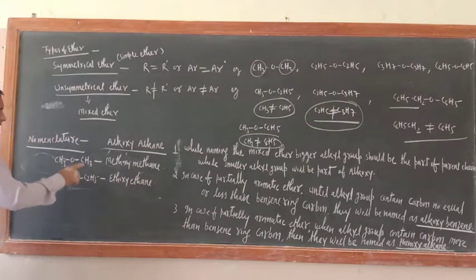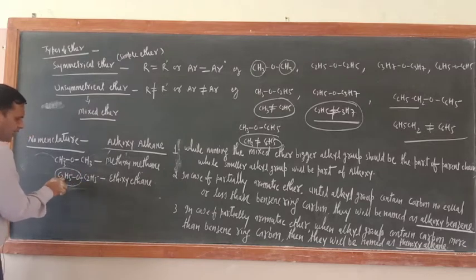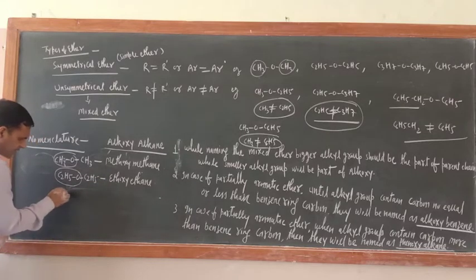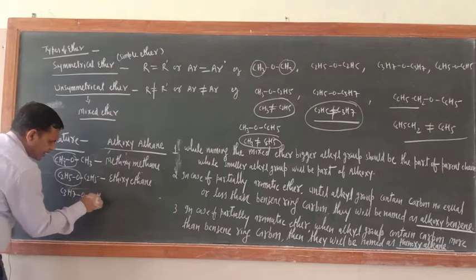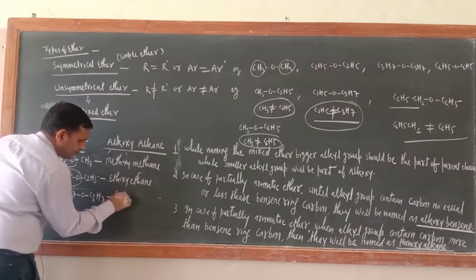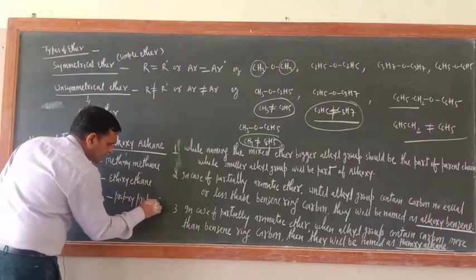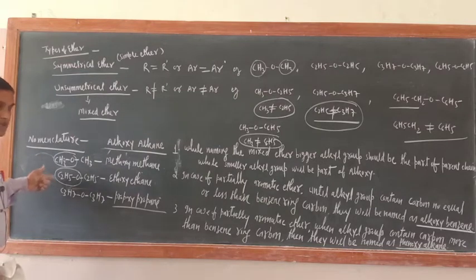One alkyl group is the part of oxygen, alkoxy means ethoxy. Here it is methoxy. Propoxy also: C3H7O C3H7 is propoxypropane. The issue is not there because both alkyl groups are similar.